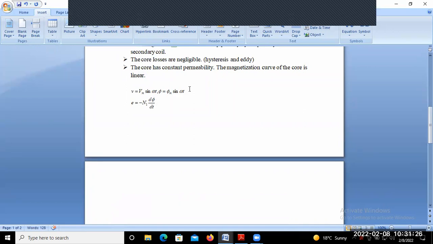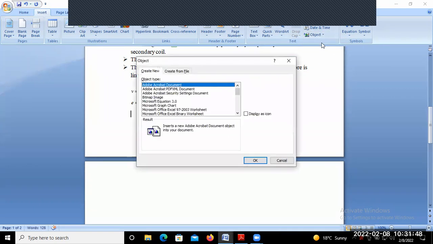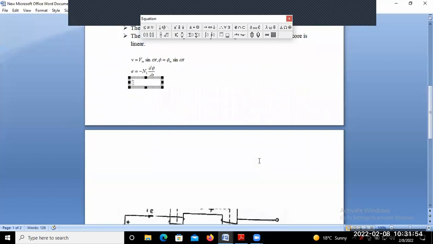Has anyone completed this? Put the value of phi equal to phi m sin omega t and differentiate with respect to time. So EMF equals minus N1 d phi by dt.